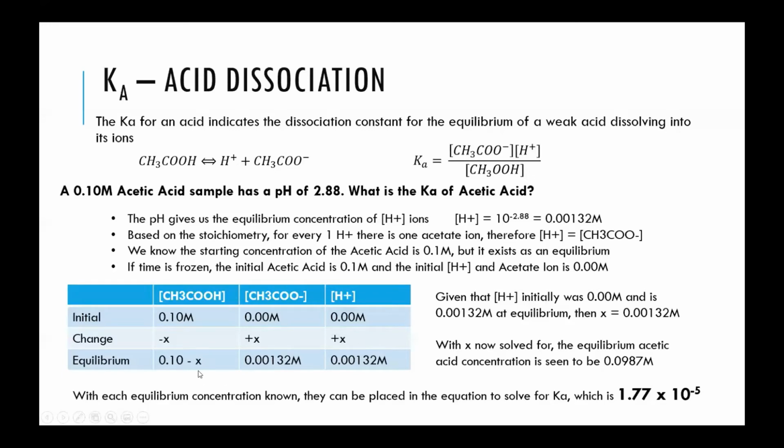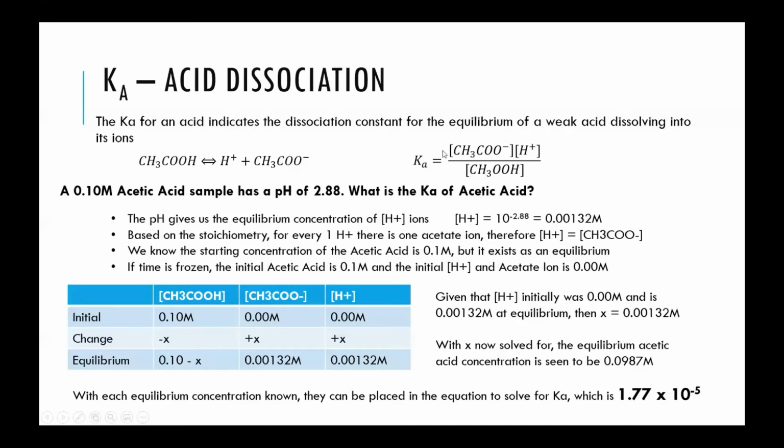Now that all three of these equilibrium values are determined, you can put this into the K equilibrium constant equation, products over reactants. So the acetate ion times the H+ ion concentrations divided by the equilibrium concentration of the full acid molecule, in this case, acetic acid.